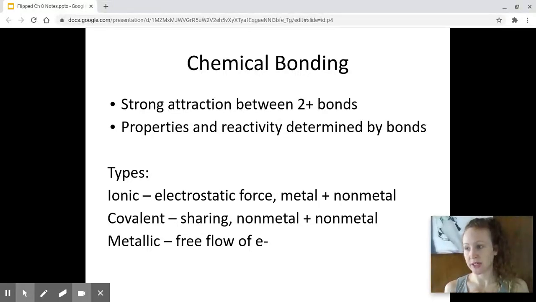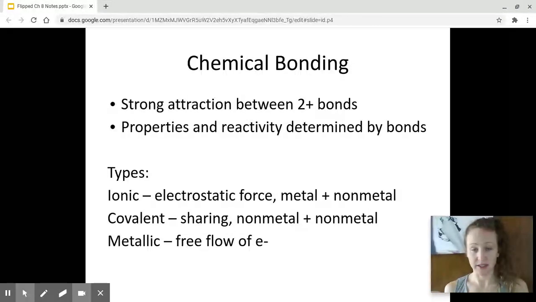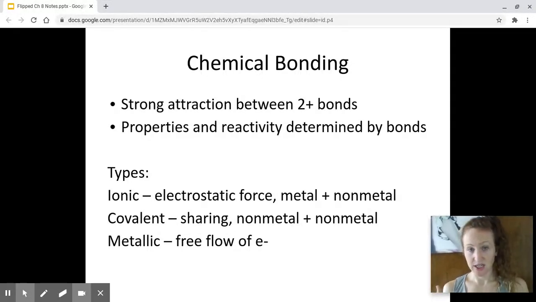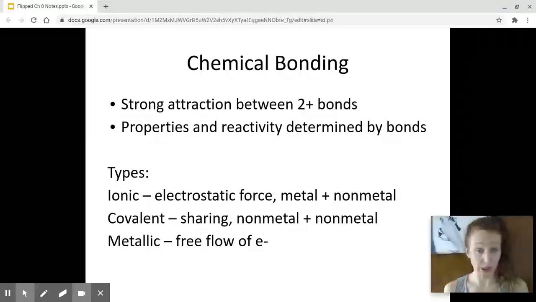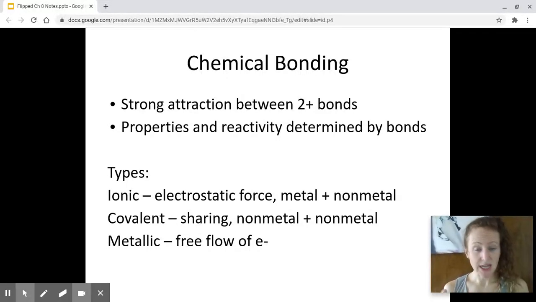Covalent is more attraction based on things like electronegativity. Covalent bonds end in polarity, so you get partial charges. But the stability of a covalent bond, or the driving force behind a covalent bond, really is going to be an attraction between electrons to nuclei, as well as the stability that comes when electron levels or energy levels are filled.